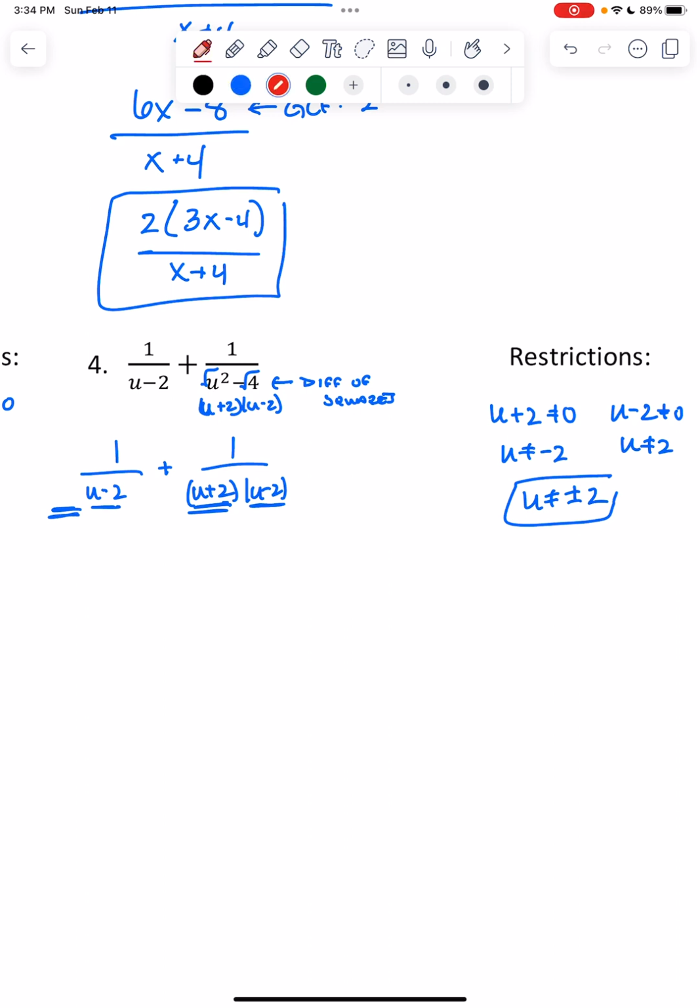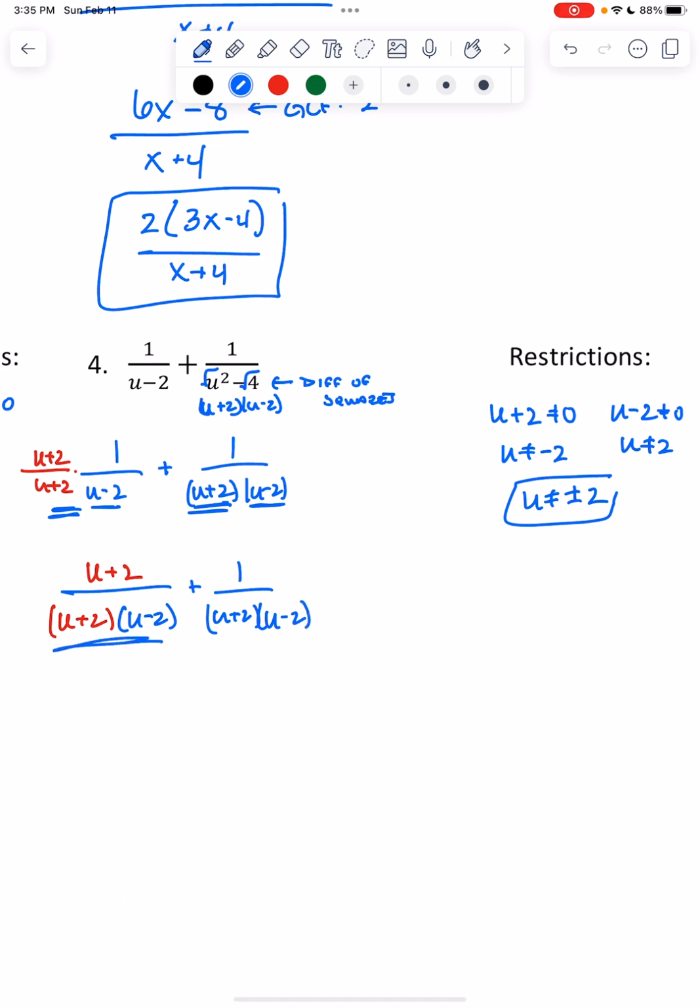So what we do is multiply this guy by u plus 2 over u plus 2. So this gives us u plus 2 over (u plus 2)(u minus 2) plus 1 over (u plus 2)(u minus 2).